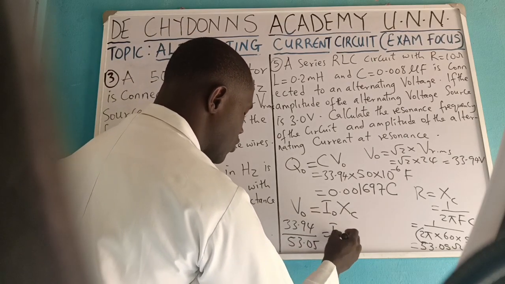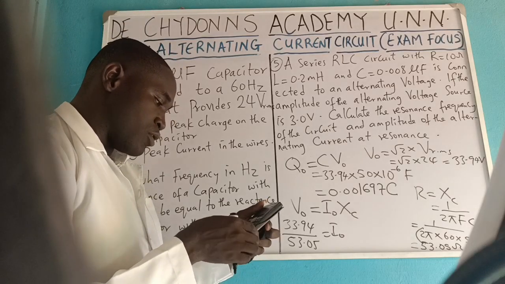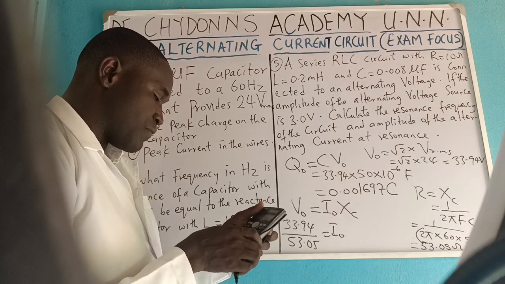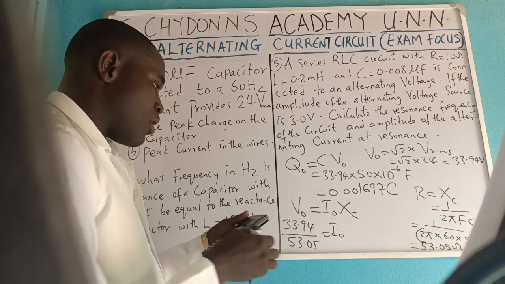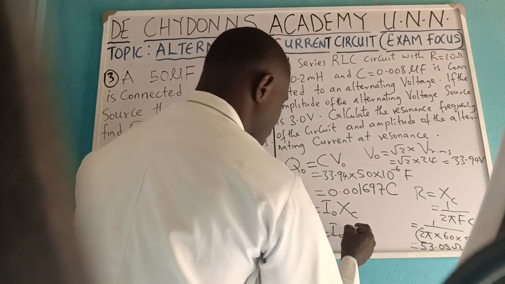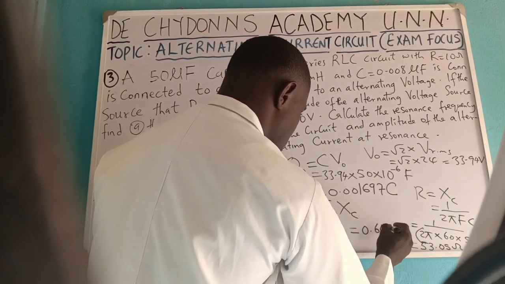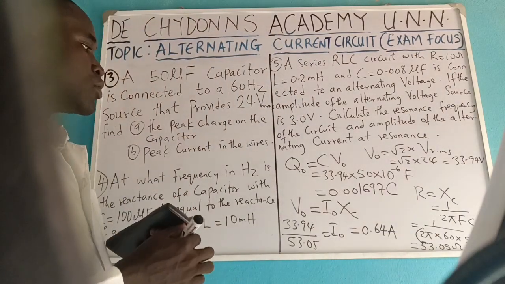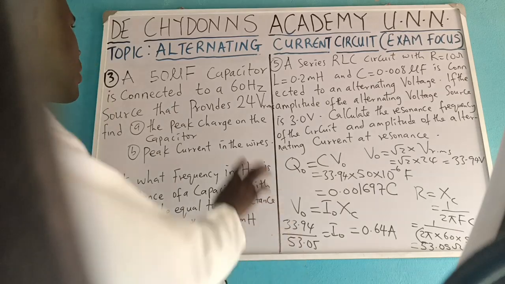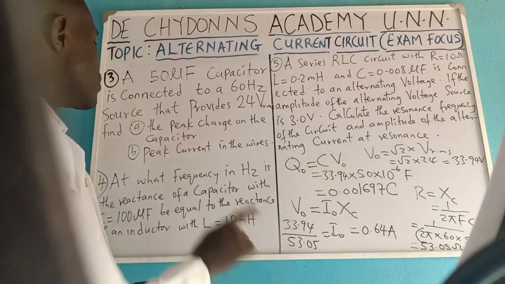So I0 equals 33.94 divided by 53.05. That will be giving us 0.64 approximately, 0.64 amps.